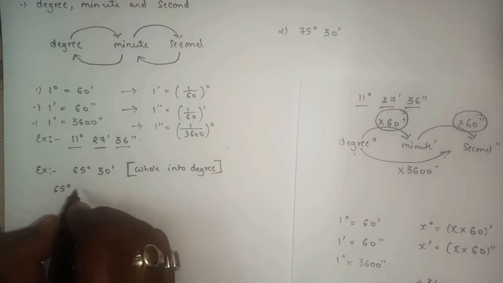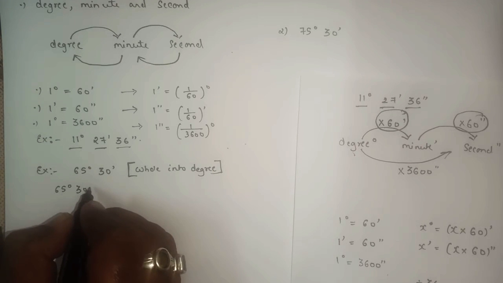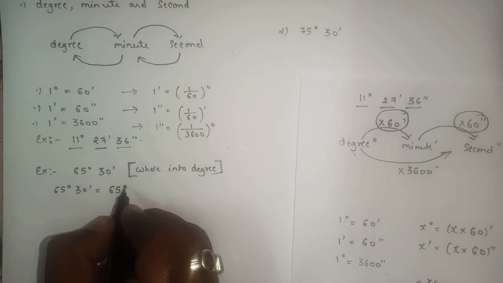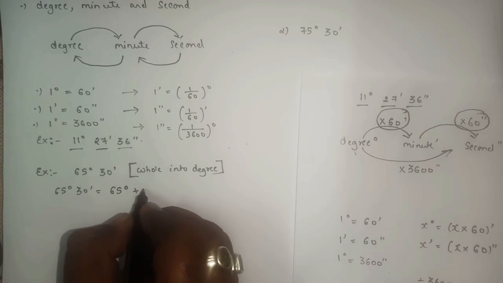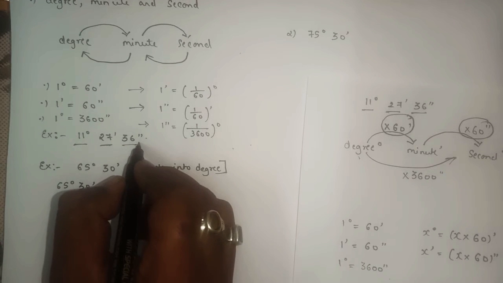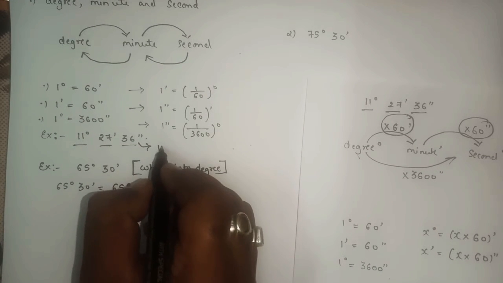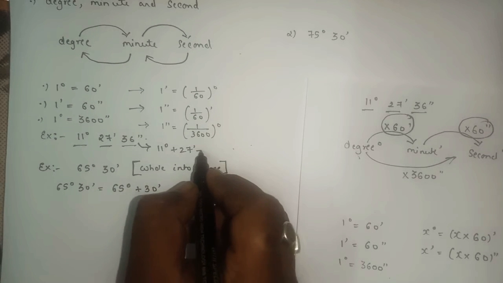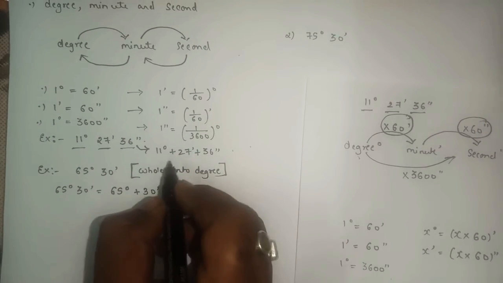65 degree 30 minute can be written as 65 degree plus 30 minute. Here also, this can be written as 11 degree plus 27 minute plus 36 second.